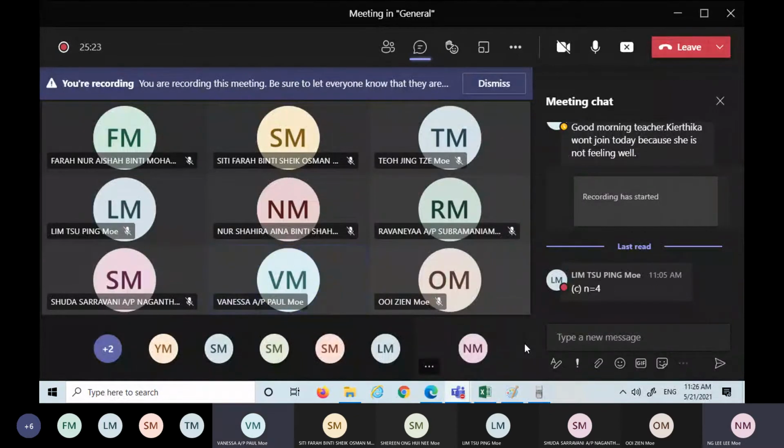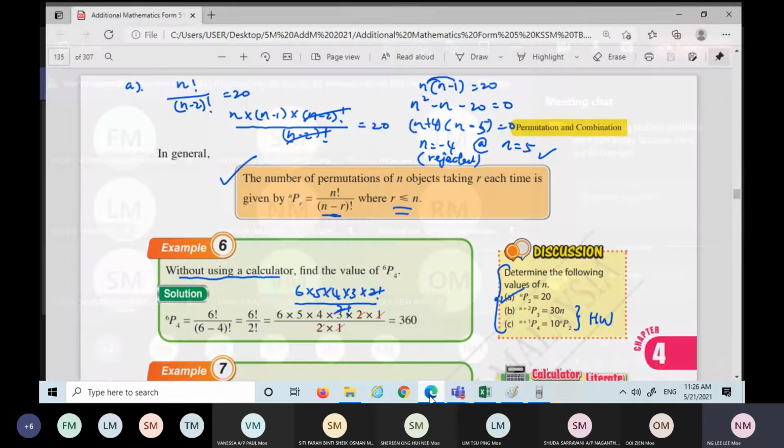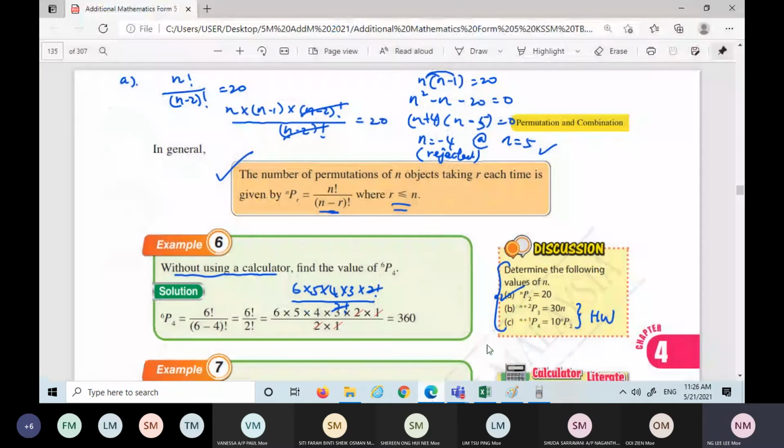4.5, number 2. Correct? Okay, wait. This is page 113.